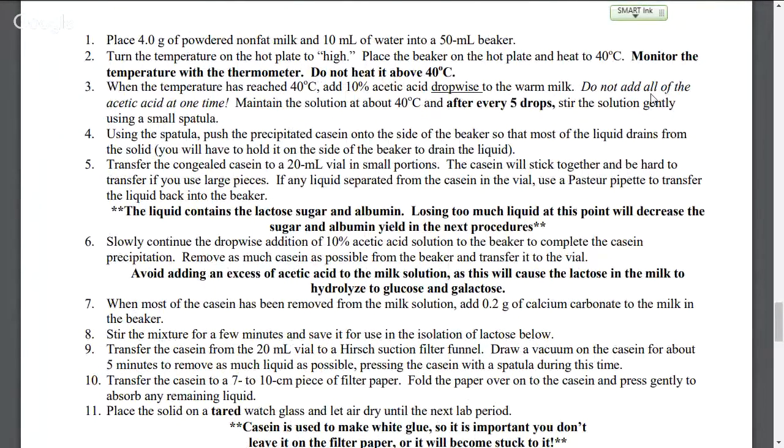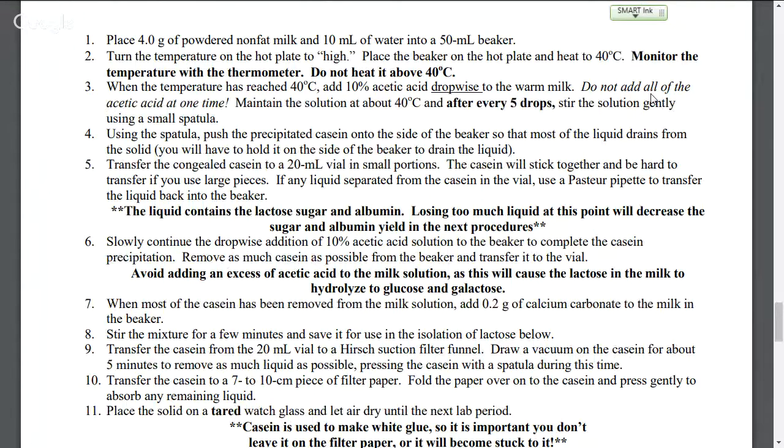But you'll notice that the procedure, this is a traditional synthesis. If you haven't looked at this yet, what we're doing is we're taking milk and separating the individual parts of milk: the casein, which is the main coagulating protein, and then the albumin, which is the protein in the whey, and then there's lactose, which is the sugar in the milk.